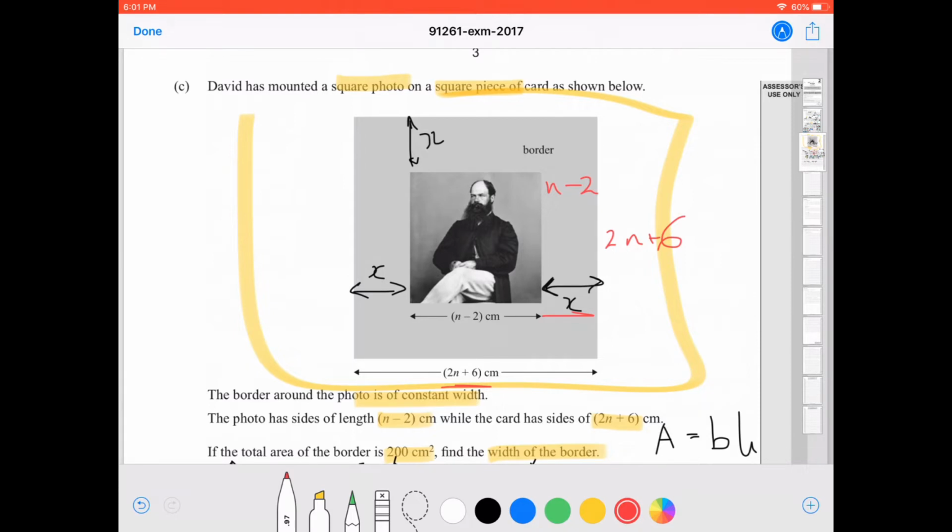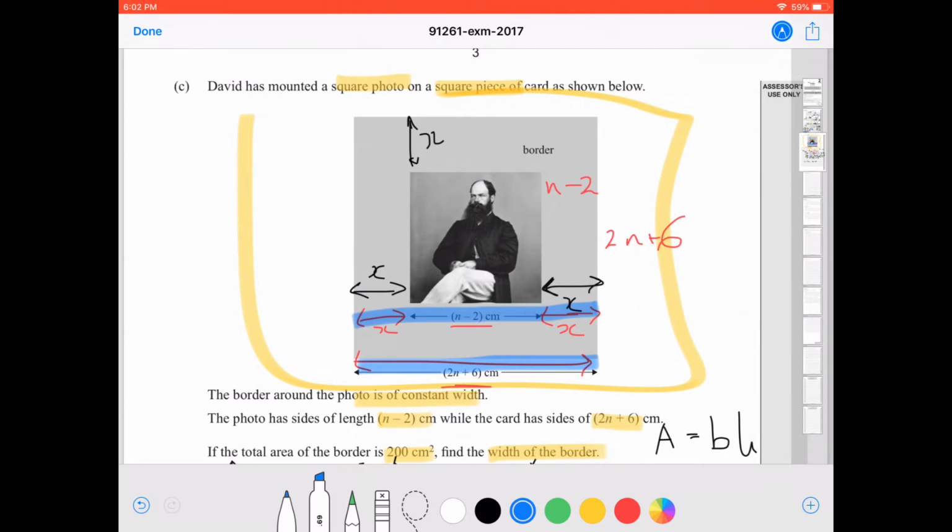And so basically, we can say that this set of working, x plus n minus 2 plus x equals 2n plus 6. And so we're going to solve for x here, remembering that we have a value for n.